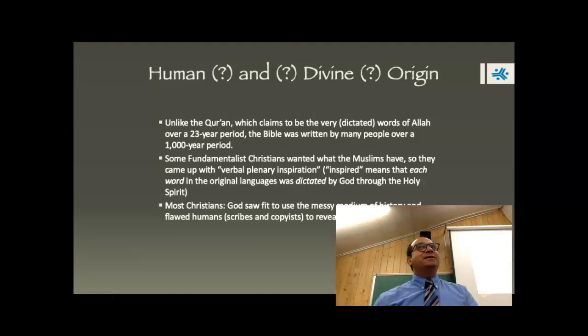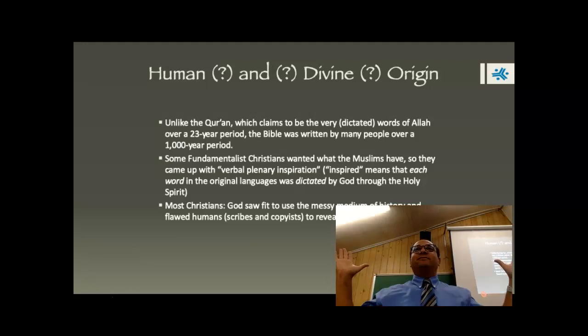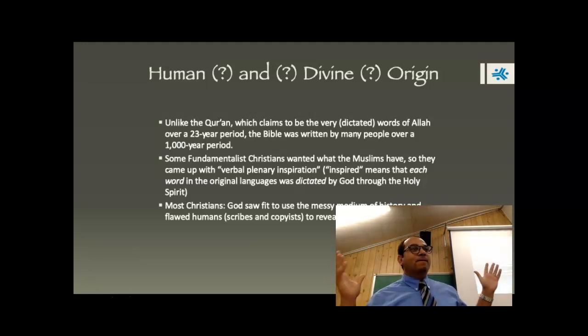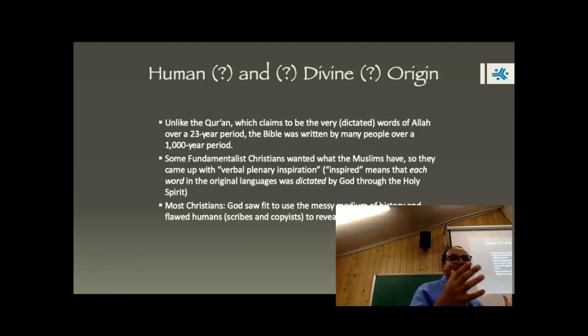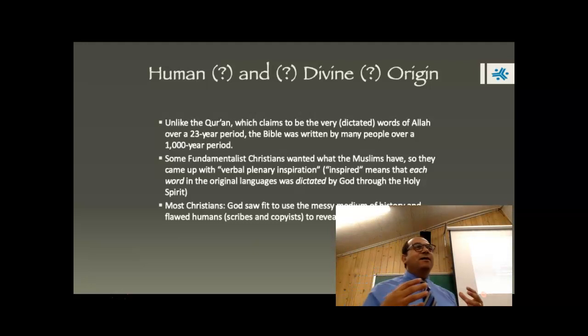But it's not, as Muslims think of the Quran, dictated word for word. God freely chose to work through the messy mediums of history and humans to reveal God's self.